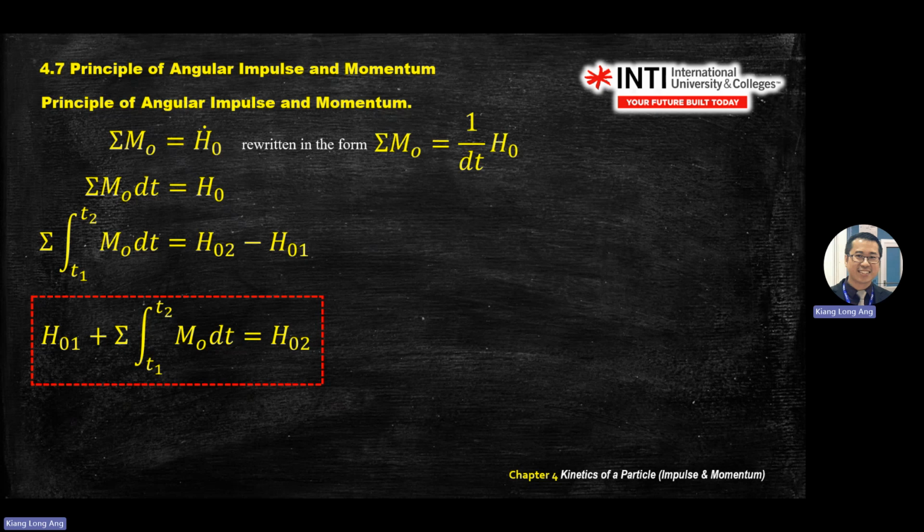If the question forces you to use the principle of angular impulse and momentum, write the angular impulse equal to the change of momentum. So you write H1 plus the integral of M dt equal to H2.